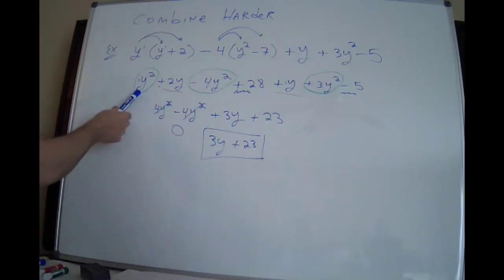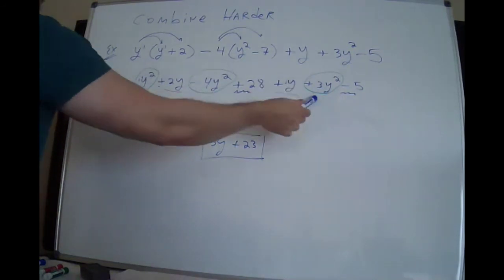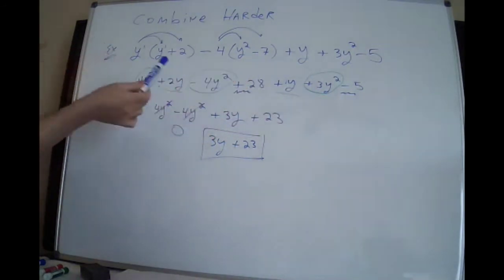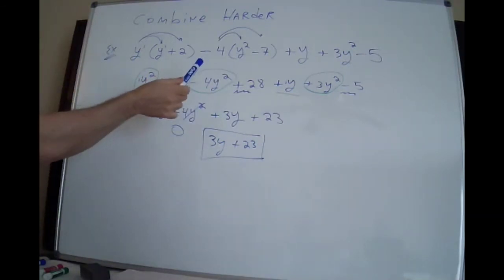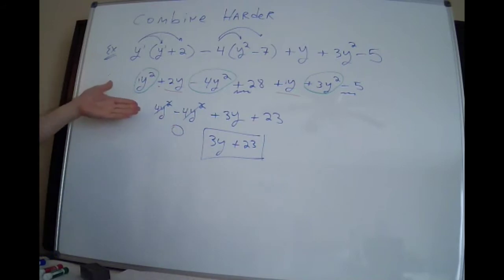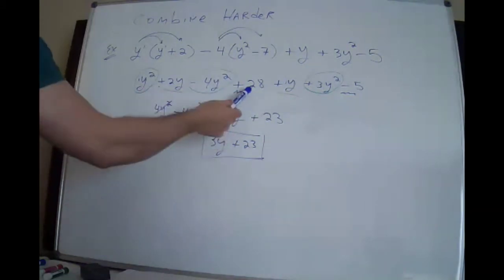This y squared, right? Y squared take away 4 is -3. -3y squared plus 3y squared is 0. I mean, no matter how you do it, you're gonna get 0. The y squareds cross out completely. This happens. I'm combining like terms. This disappeared. I had 2 y's and 1 y, that gave me 3 y's, and I had 28 take away 5.